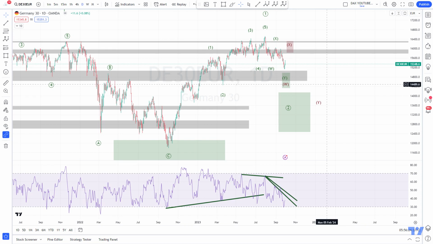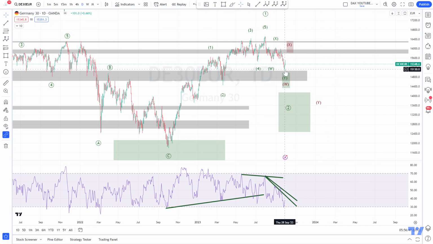So first of all, what you should know is what I showed you in the weekly, that we are in a downward cycle. So this was an upward cycle, and now it looks like we have a downward cycle here. Now it can be that this cycle doesn't last for long.